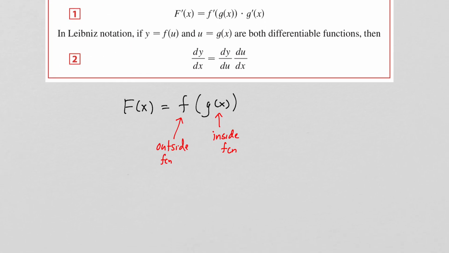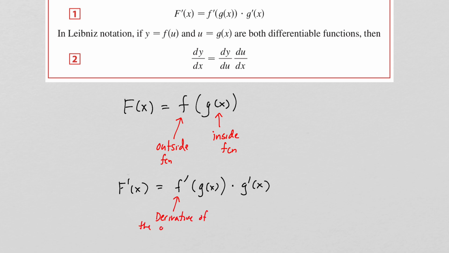So the derivative f prime of x is, per the chain rule, f prime of g of x multiplied by g prime of x. And so f prime is the derivative of the outside function, but it is still evaluated at g of x, which was the inside function.